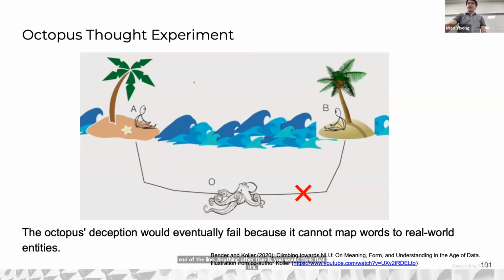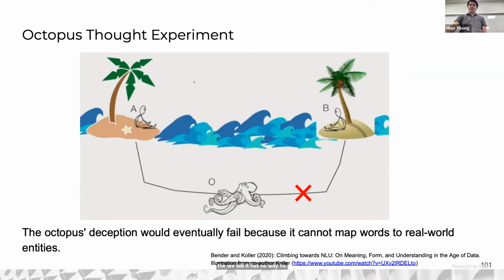But eventually A would figure out that whoever is on the other side doesn't understand what they are talking about, because the octopus does not have mappings of words to the real world.